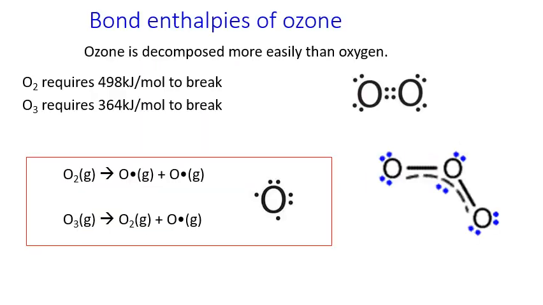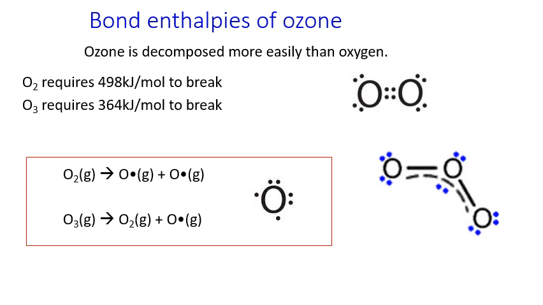So just finishing off, going back to the example of ozone from structure and bonding. Ozone, as we now know, is decomposed more easily than oxygen, and the reasoning behind this is the associated bond enthalpies. Oxygen requires 490 kilojoules per mole to break, whereas ozone only requires 364 kilojoules per mole to break, due to essentially the bond order of the bond between the oxygens.